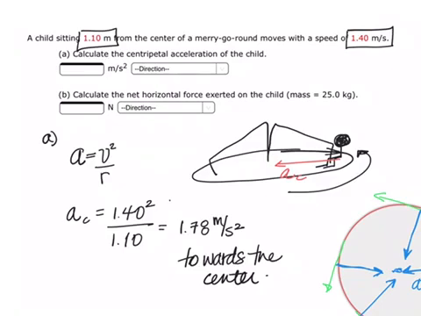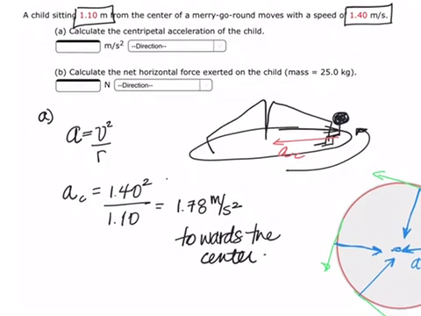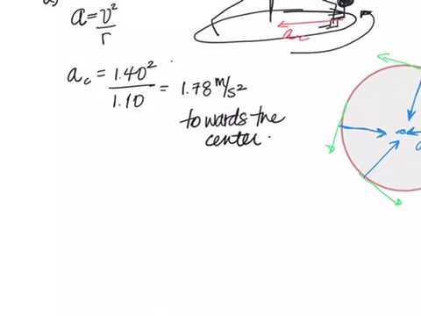Now the next part is asking us to find the net horizontal force exerted on the child. So thinking about the acceleration and it pointing towards the center, that would mean that our force must be towards the center.